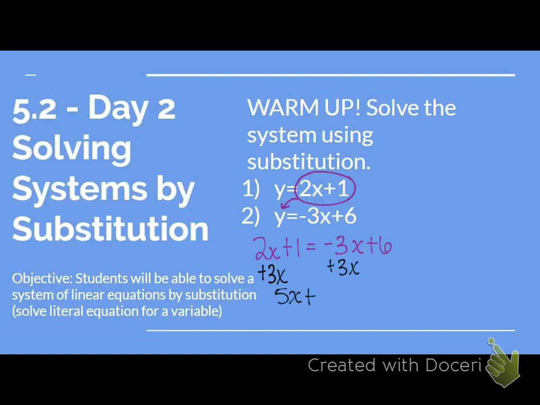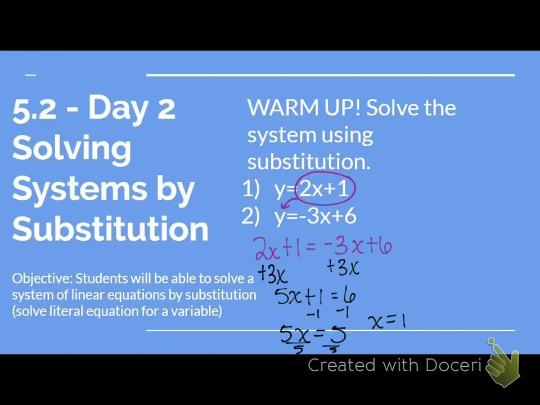Plus 1. What do we still have on the other side? A positive 6. The next thing we need to do, subtract the 1. 5x equals 5. Last step, divide by 5. Good, x would equal 1.